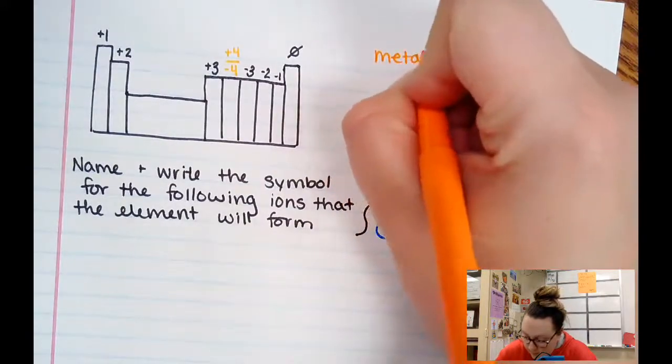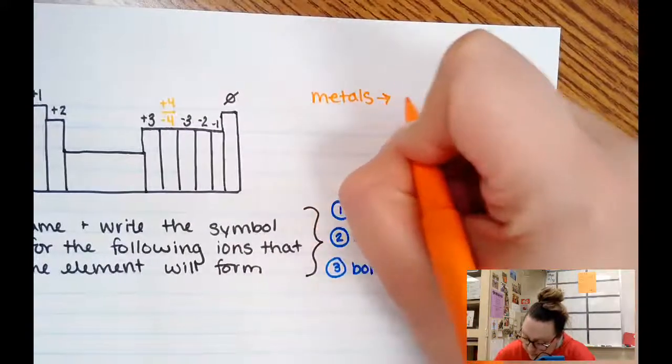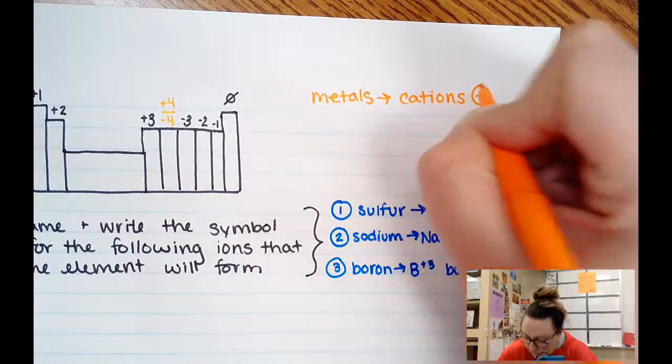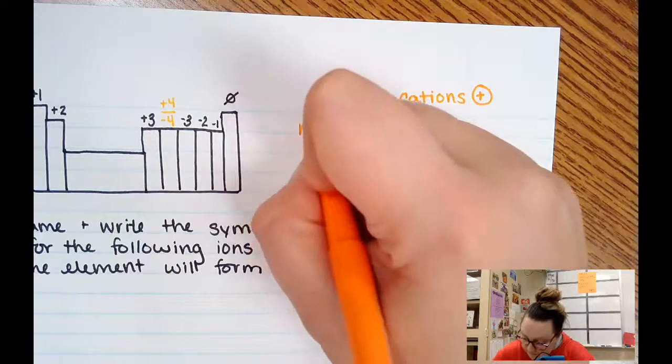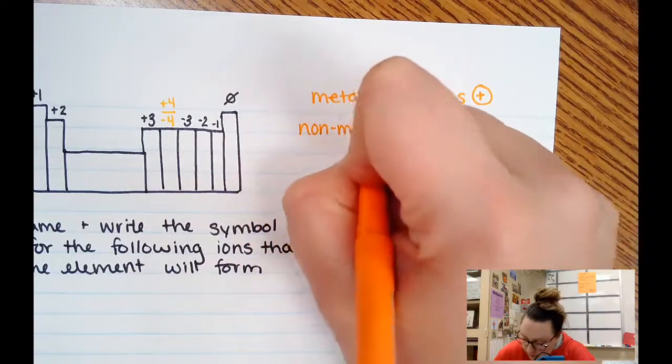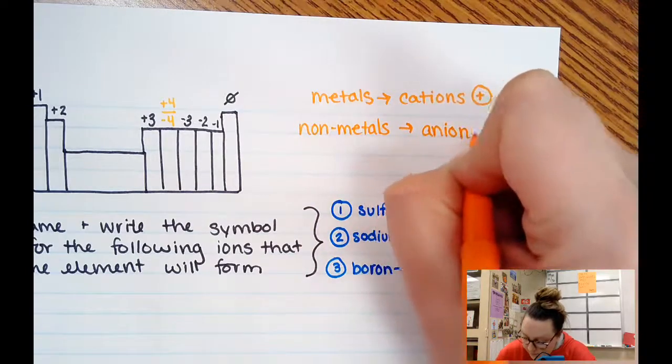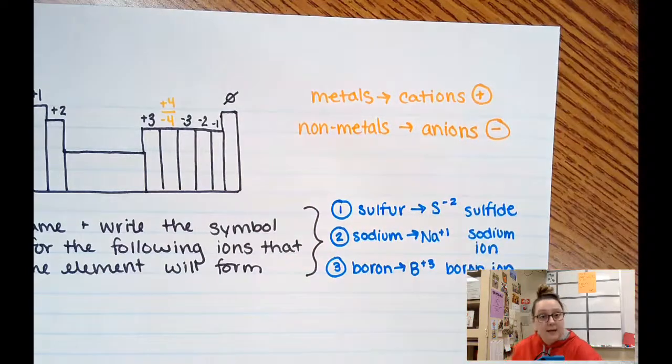Metals form cations, which are positive. Non-metals form anions, which are negative.